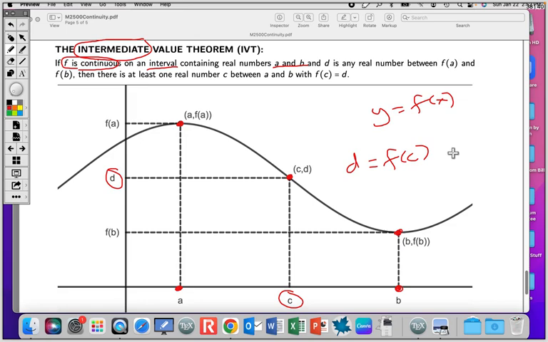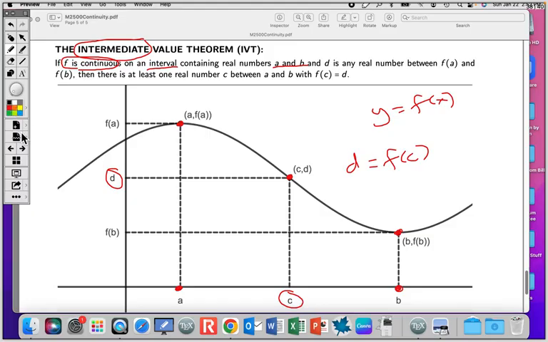So for example, the intermediate value theorem would say you're guaranteed that at some point between 8 a.m. and noon, the temperature was exactly 37 degrees. So that's the intermediate value theorem. If you have a continuous function on an interval, intermediate y values come from intermediate x values.